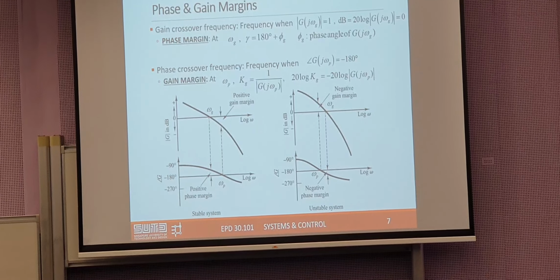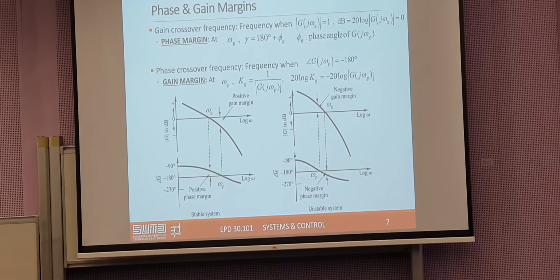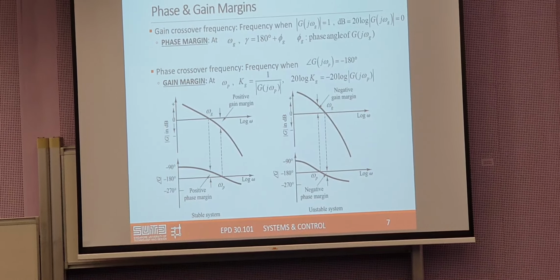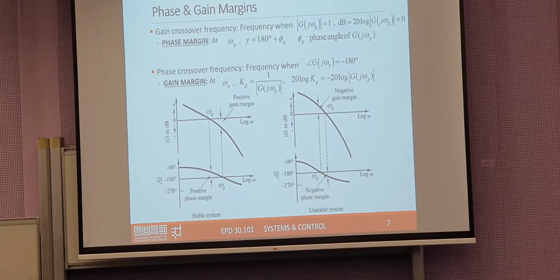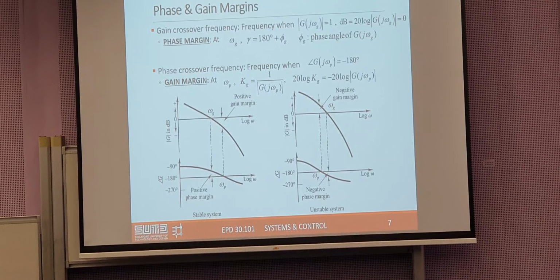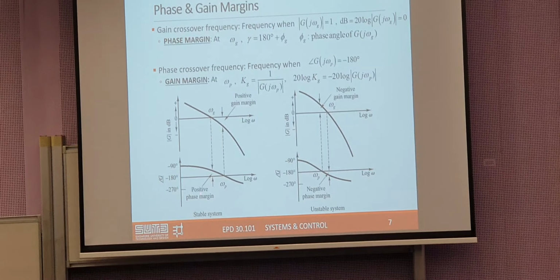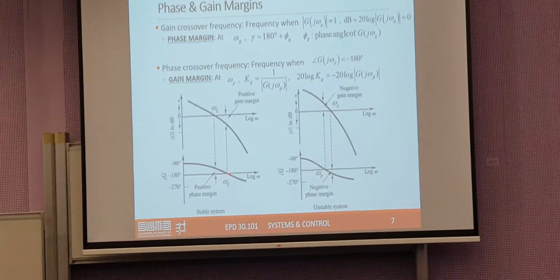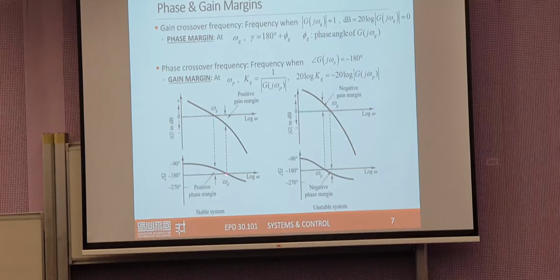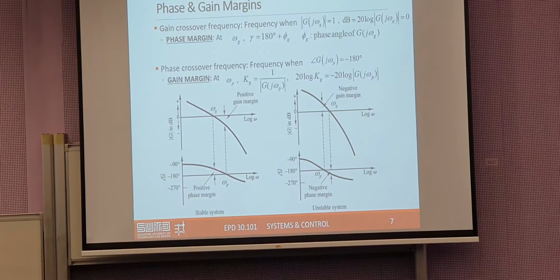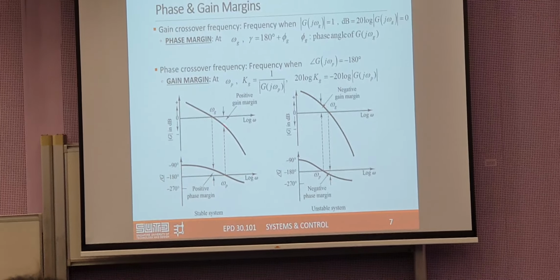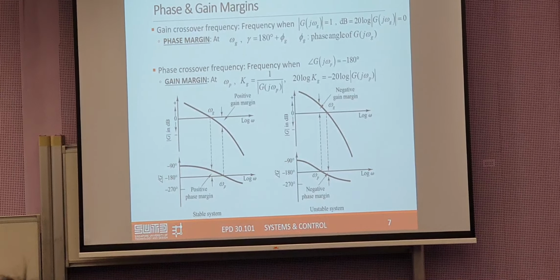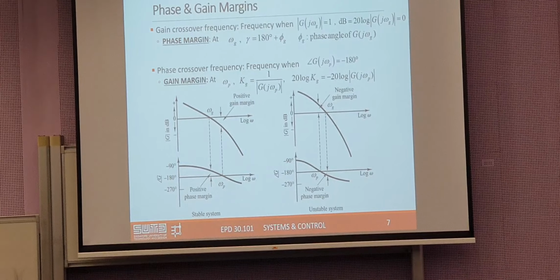I will explain again one more time for the gain margin. So gain margin is this one here. Whenever you are interested in the gain margin, you start off with the phase. In the phase plot, you look for where it intersects minus 180. From here you go up and find the same frequency and see whether the magnitude plot is above, on, or below the 0 dB line.